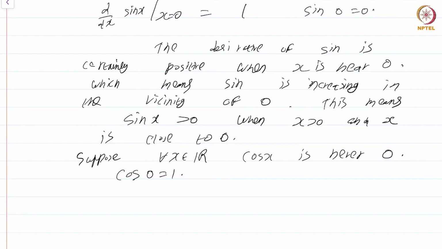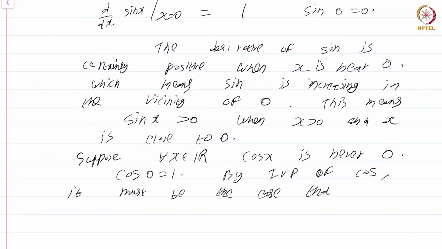Putting all this together by intermediate value property of cos, it must be the case that cos x is greater than 0 for all x in R. Right?